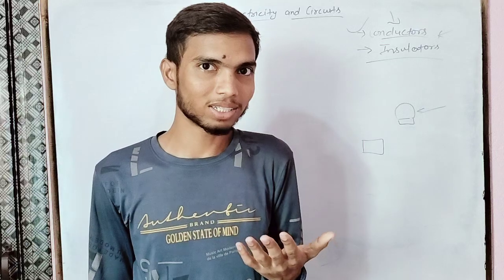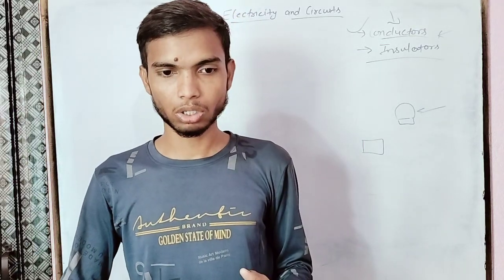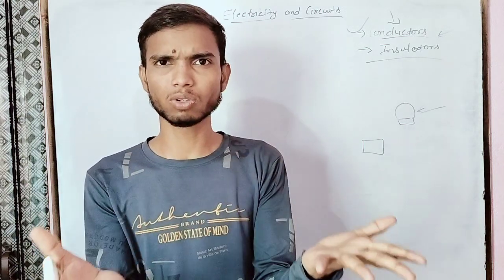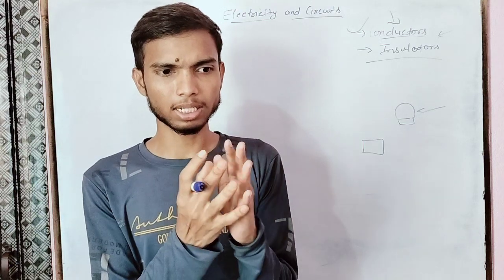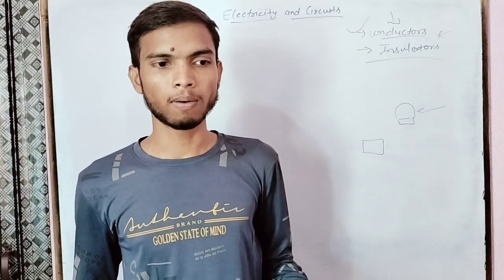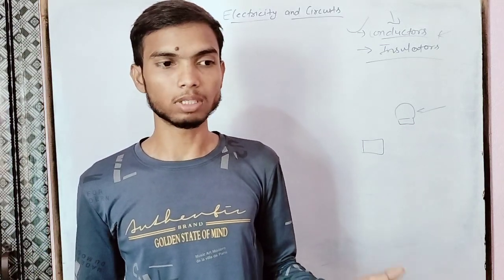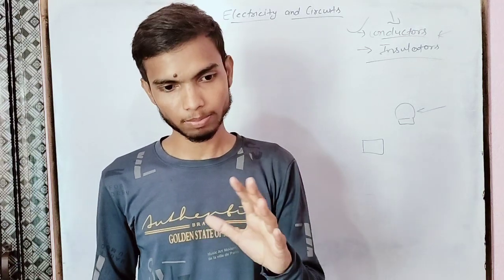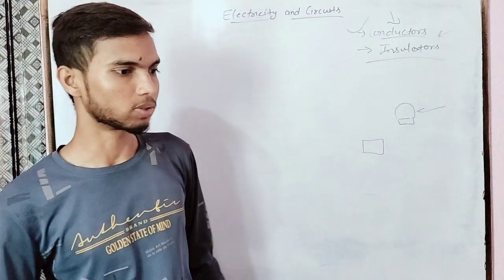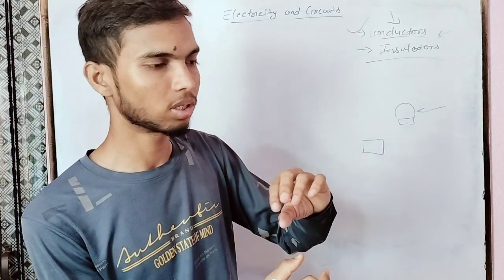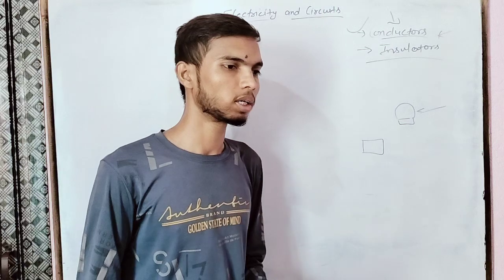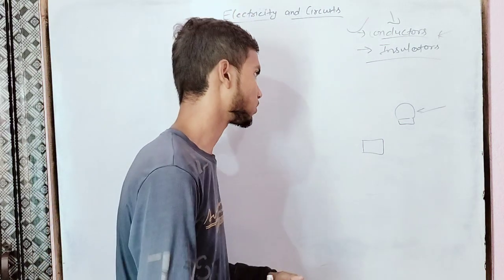So the upper surface covered by plastic material is an insulator, and the metal present inside the electric switch is a conductor. That's how a switch works. When the switch completes a broken, open circuit. Okay, that's all.